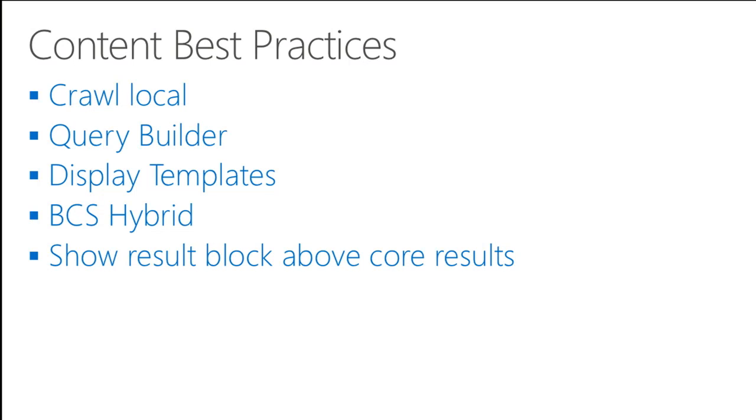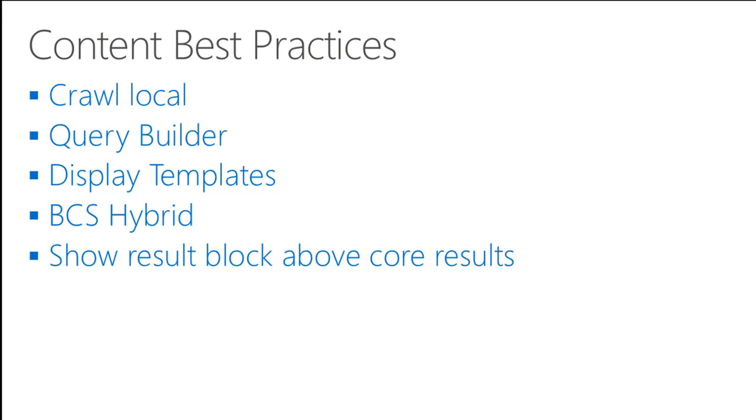We recommend that you use the Query Builder as you build out your hybrid scenario, to see if the results are coming back as you expect. Display templates: today, display templates need to be out of the box, so you can't use any customized display templates if you're doing the hybrid as of today. So keep that in mind.